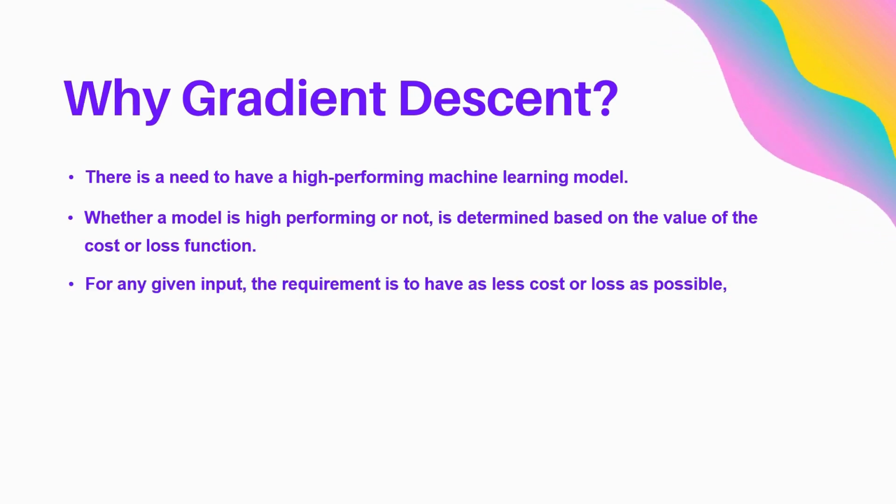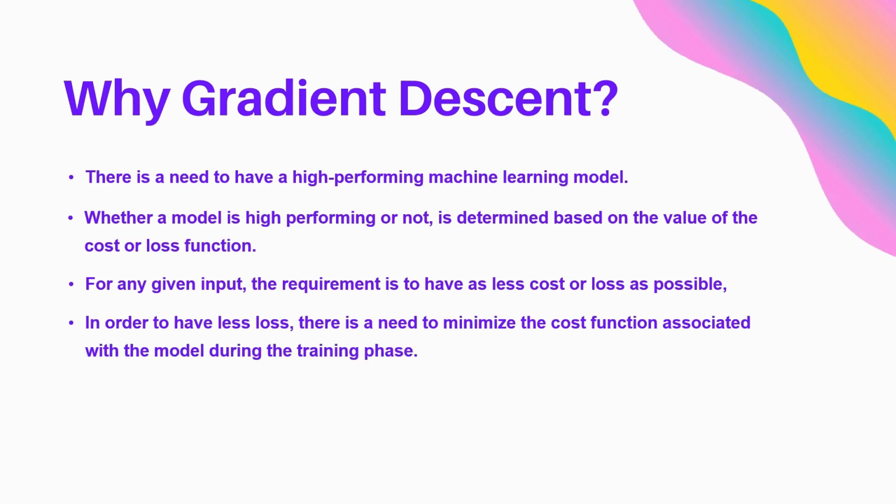In the ideal scenario, what we need is as less cost or as less loss as possible, which means the value of the loss function needs to be as less as possible for any given input. In order to have less loss for any given input, we need to minimize the cost function associated with the model during the model training phase.